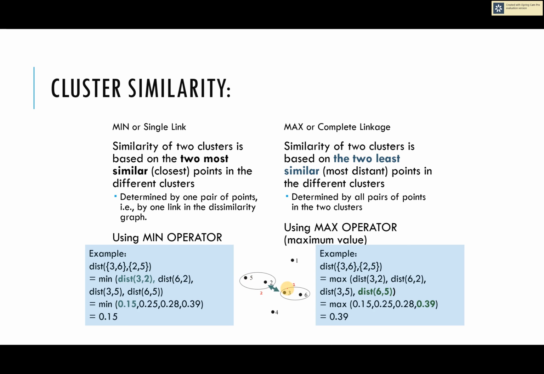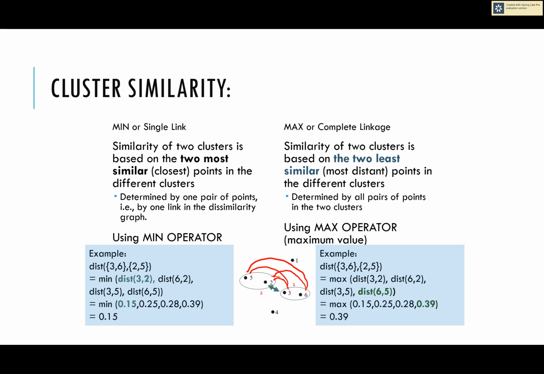So we are going to find the distance between each pair of points. For example, 3 with 2, and then distance of 6 with 2, and distance of 3 with 5, and also distance of 6 with 5. So from these pairs, we are going to find the minimum distance from all of these pairs.